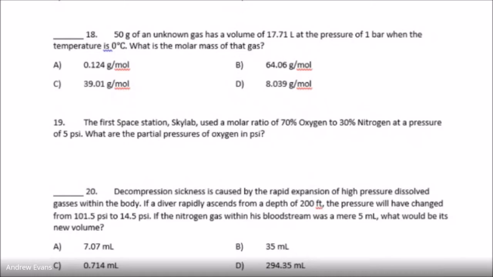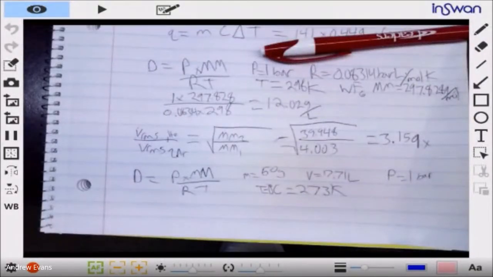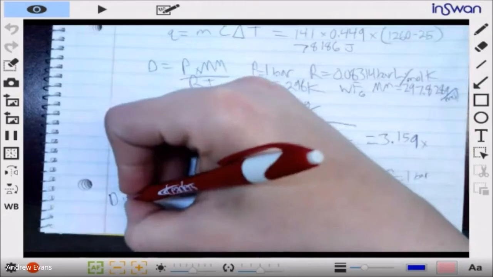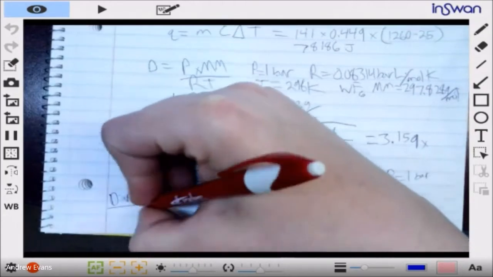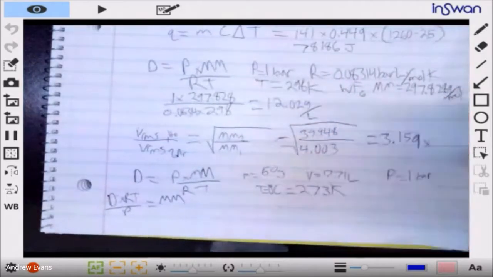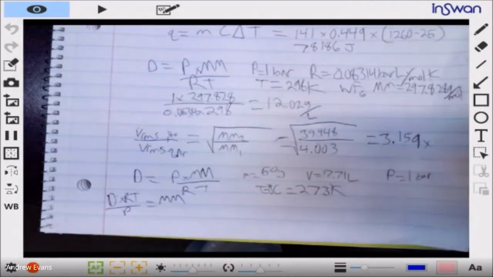Now for this one, we're rearranging this equation to say density times RT over pressure is equal to molar mass. But the first thing we need to do is find density. Density is a mass divided by a volume.